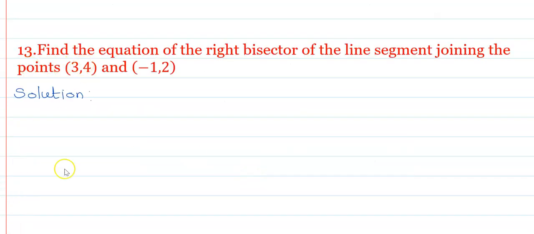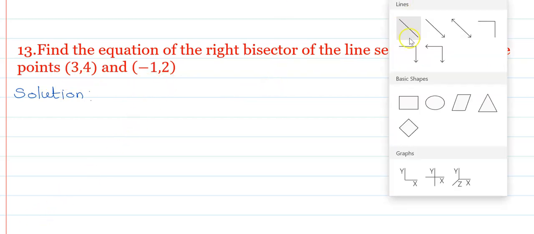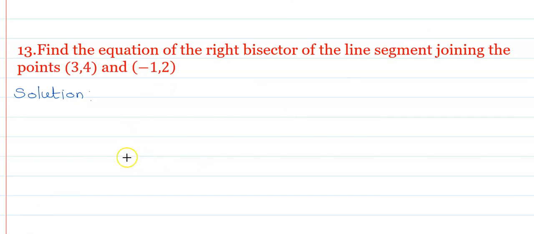Find the equation of the right bisector of the line segment joining point 3, 4 and minus 1, 2. First, see the figure here. This is the segment whose coordinate A is 3, 4 and B coordinate is minus 1, 2.